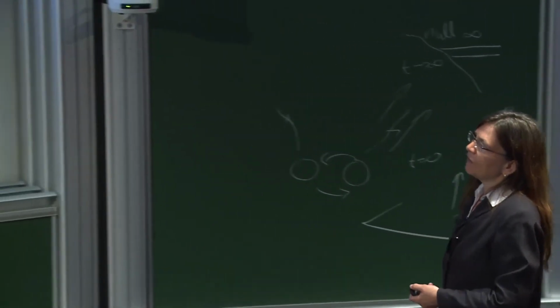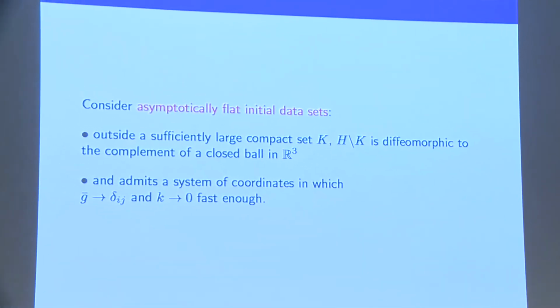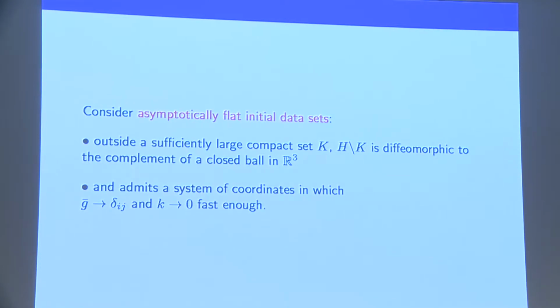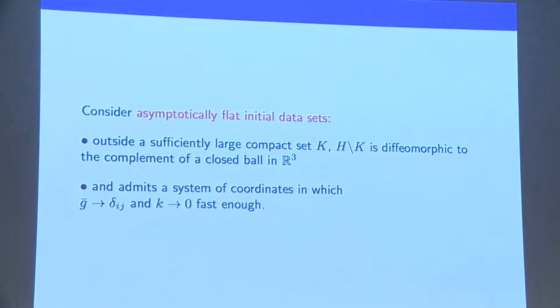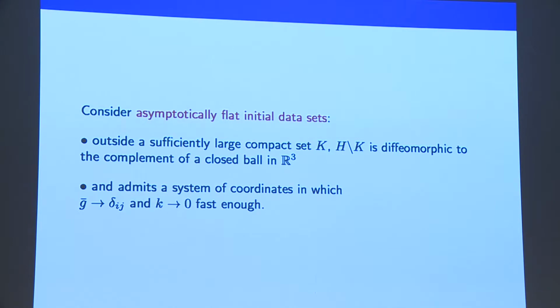Well, let me first talk about asymptotically flat systems, as I just motivated a few minutes ago. If you look at what happens, for instance, within a galaxy or a cluster of galaxies, you think the next object is so far away, you think your space-time is going to be flat very far away. So what does that mean?